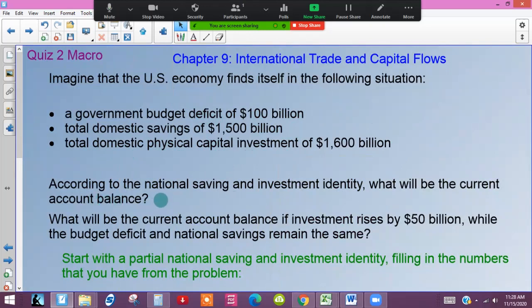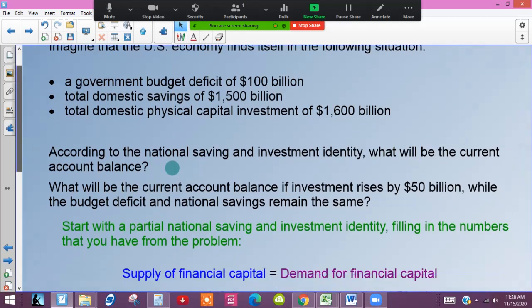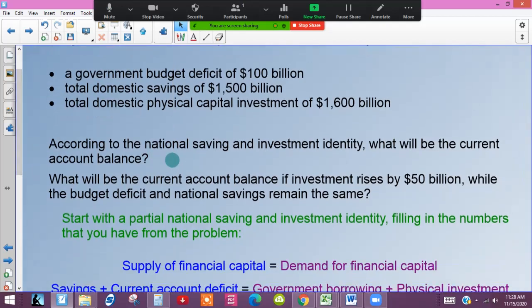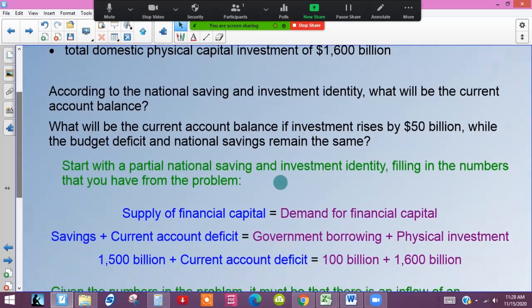Okay. And what will be, okay, so let's just do this first one, and then we'll come to the second one. Okay, so we want to know what the current account balance is. So when we set this up, we start with a partial national savings and investment identity, and we fill in the variables or the numbers that we have, and we solve for what we do not have.